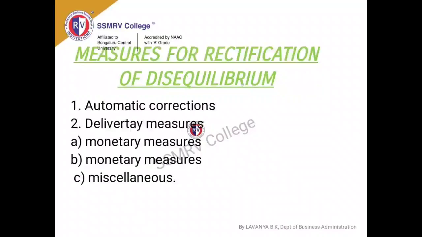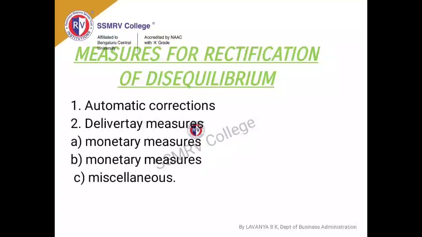Let's go to the next slide, where methods of correction of disequilibrium are mentioned. If you have disequilibrium, you have a problem there, and you must have a solution to sort it out. So there are two very important and significant measures. The first one is automatic correction. Automatic correction deals with the demand and supply of foreign exchange or foreign money.